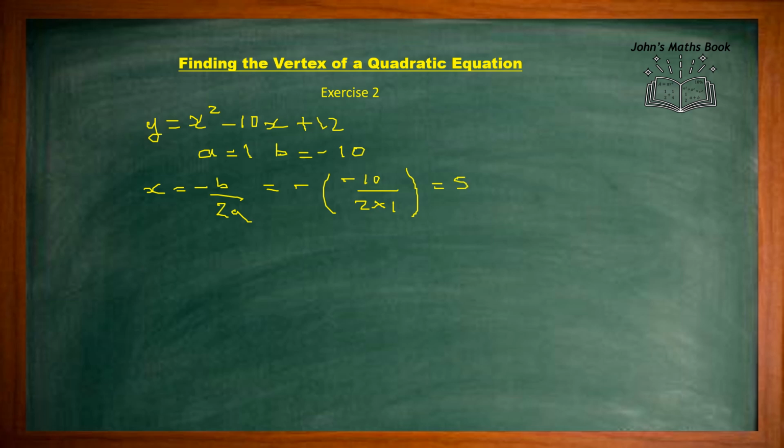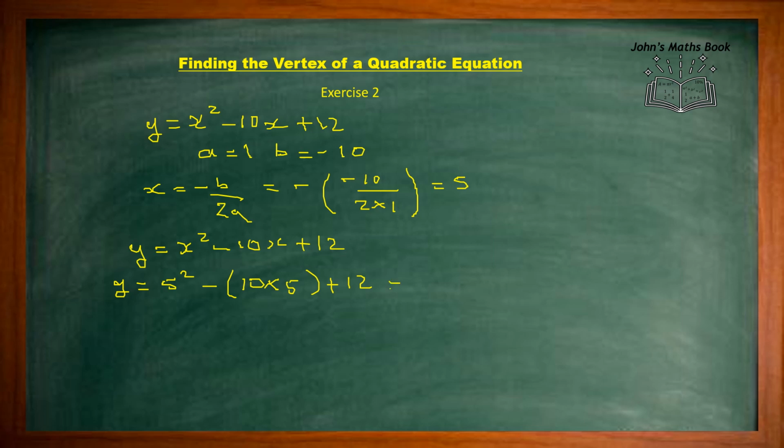So now let's solve the quadratic equation, substitute in x. So it's x squared minus 10x plus 12. So if we substitute 5 in for x, we get y is equal to 5 squared minus 10 times 5 plus 12.